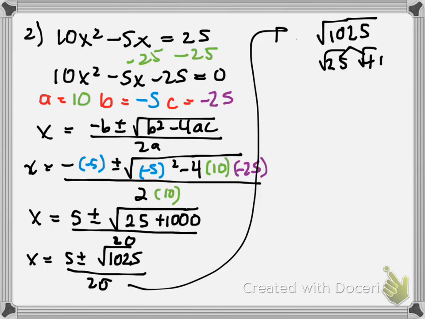So now we're at this. X equals 5 plus or minus square root of 25 is 5, and then we have a square root of 41 all over 20.